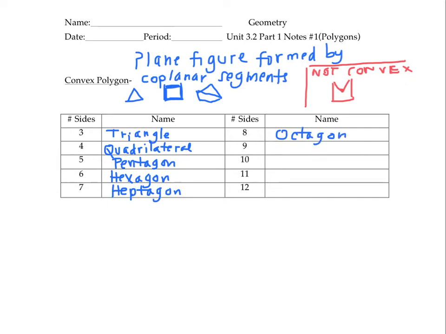The 9-sided figure is called a nonagon. 10 sides means it's a decagon. Think of decade. Decagon. An 11-sided figure is called an undecagon. We're only going to go up to 12. A 12-sided figure is called a dodecagon.